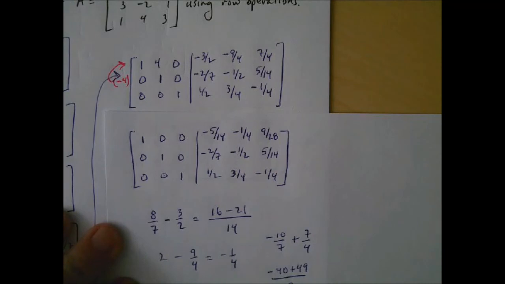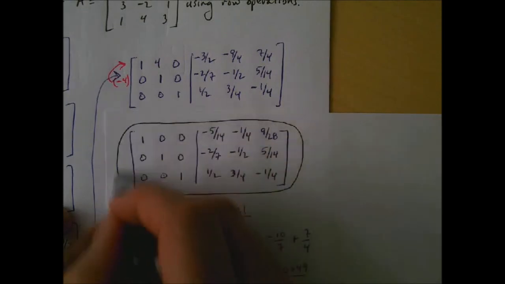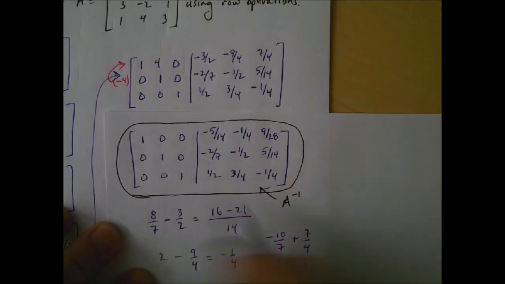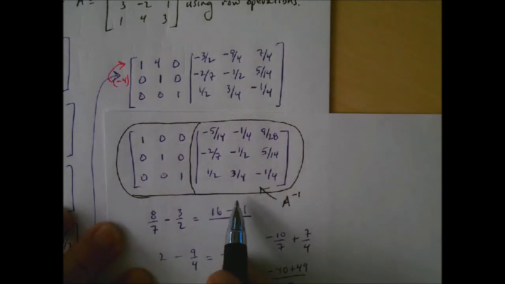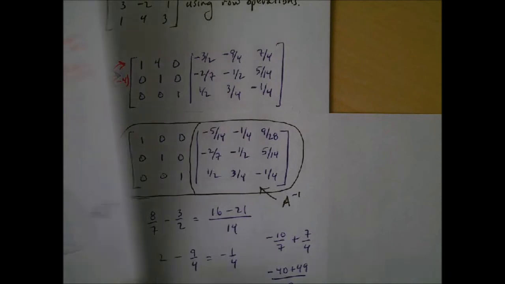Okay, now, excuse me, as long as we've done everything correctly, this is going to be the inverse right here, this part right here, not the whole thing, but just this part over here on the right-hand side. And I do have it worked out from earlier, so let's compare to see how we did.